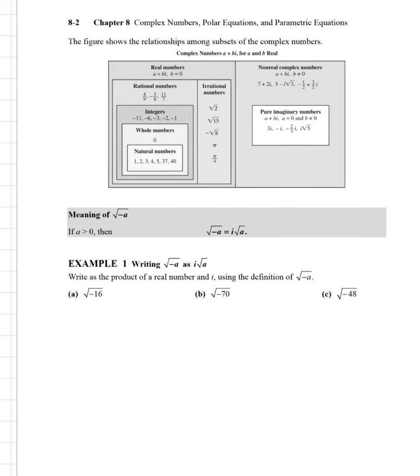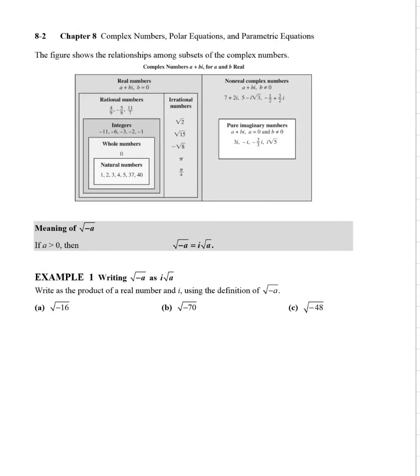At the top of the next page, 8-2, you can see the relationships between all the numbers. The natural numbers are numbers that you can count with your fingers. The whole numbers include all the natural numbers and 0. The integers include all the whole numbers and negative numbers.